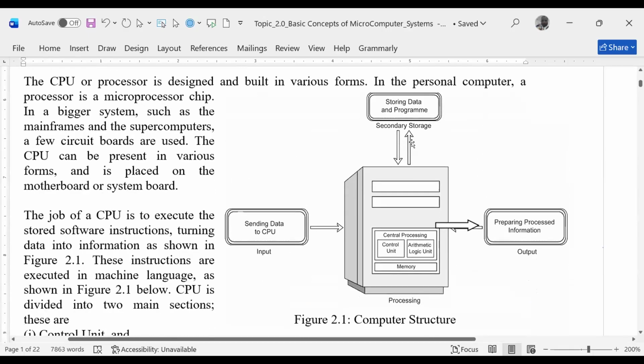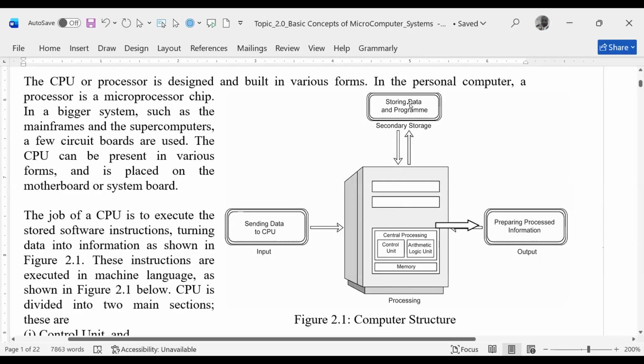The figure here shows how the CPU works. The central processing unit is here. It has two main components, the control unit and the arithmetic logic unit. I've explained to you that there are three key components you need to consider when buying or selecting a computer.